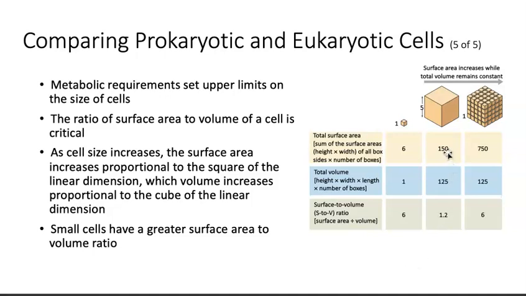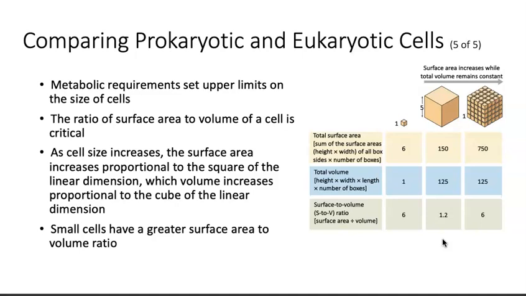As a cell gets bigger, let's say the surface area is 150 units, then the volume becomes 125 units. That makes the surface to volume ratio 1.2. That's like saying your surface and your volume are just kind of out of whack.